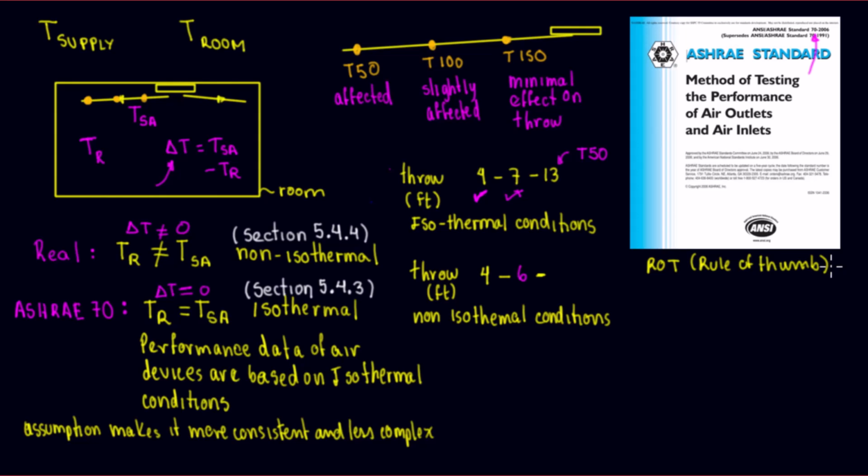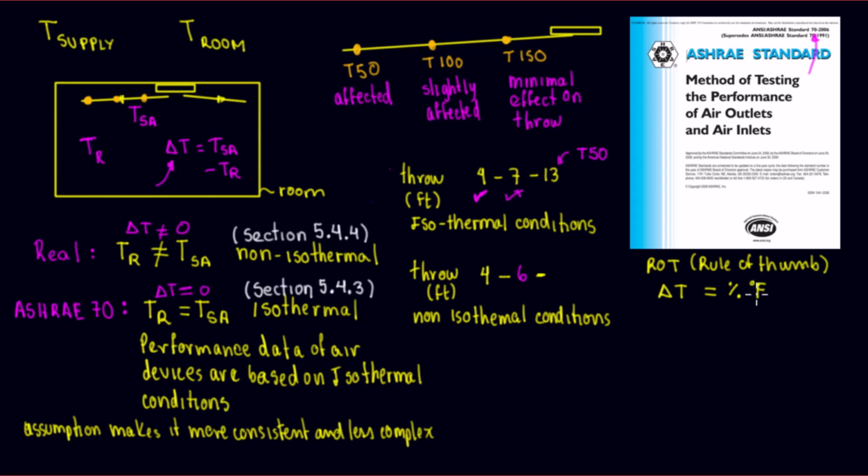Okay, so what is the rule of thumb? We're saying that depending on the temperature, delta T equals to the percentage of degrees Fahrenheit.